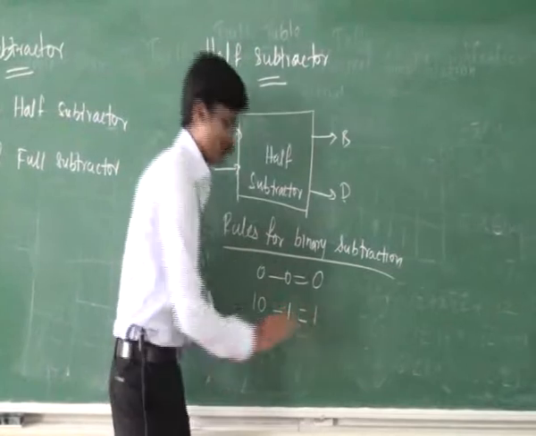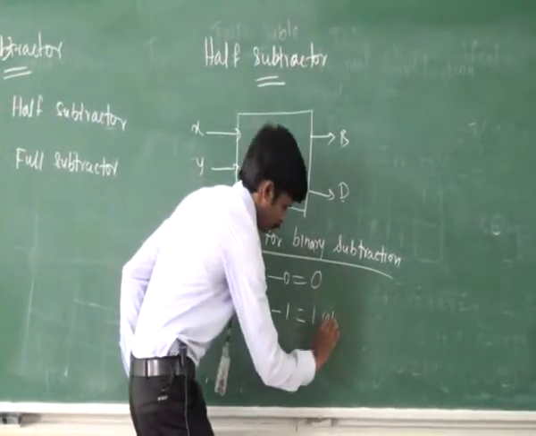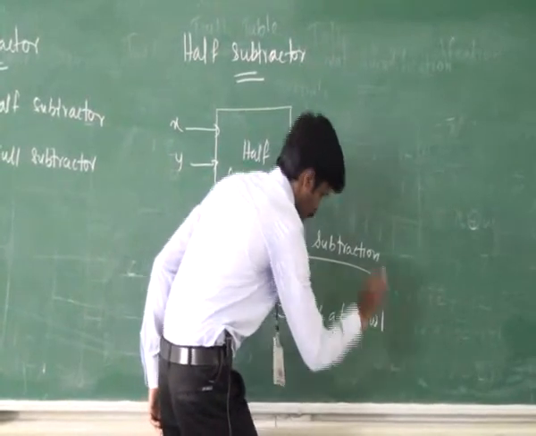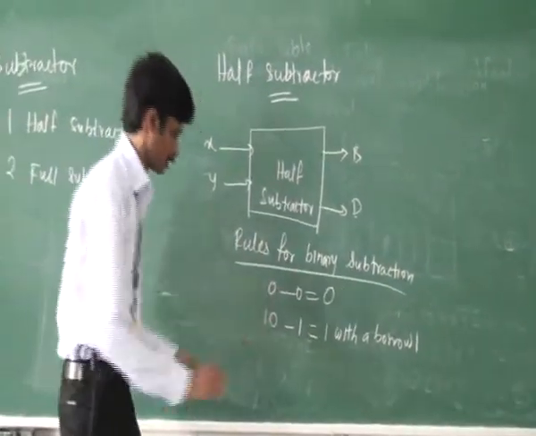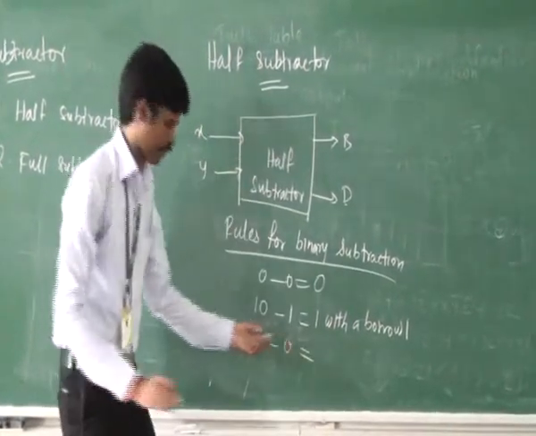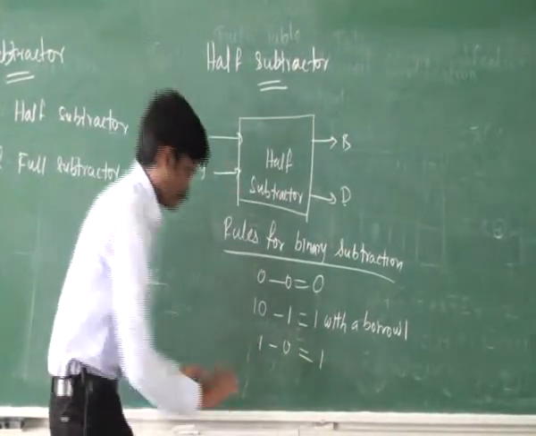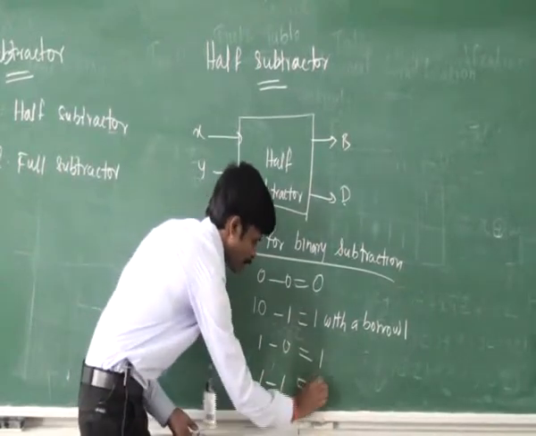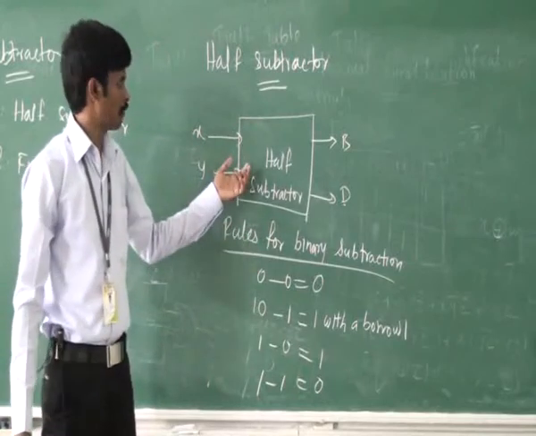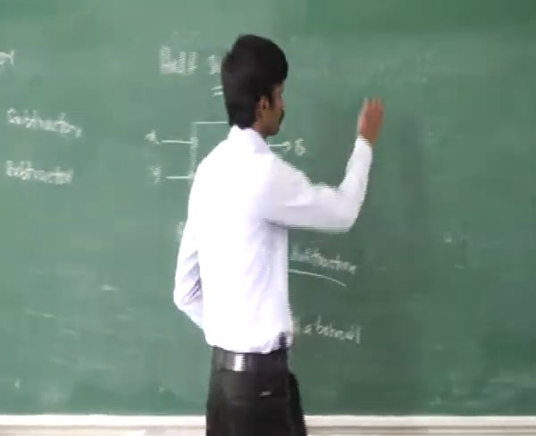Now the difference will be 1 with a borrow 1. The next combination is 1 minus 0. 1 minus 0 is equal to 1. The next one is 1 minus 1. 1 minus 1 is equal to 0. Next let us see the truth table for half subtractor.